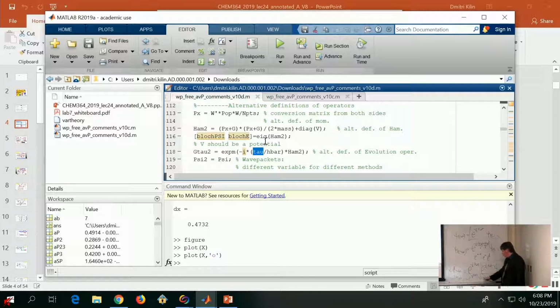So, no matter where we are, if we need to move forward by 1 delta t, we just multiply the current version of the wave function by the evolution operator. If I need 3 delta t, I will just multiply the first one 3 times by the same evolution operator.